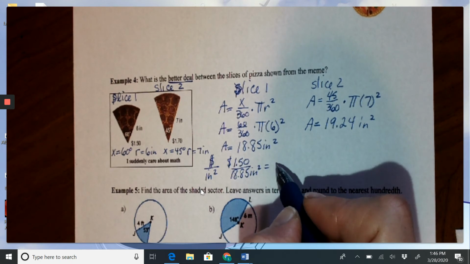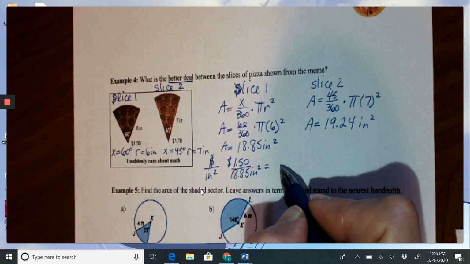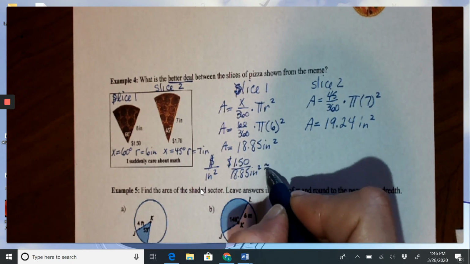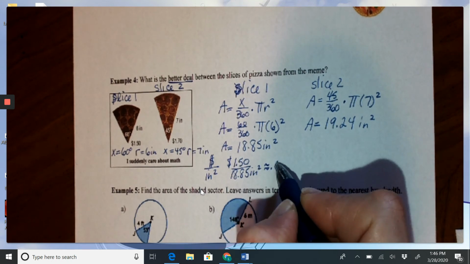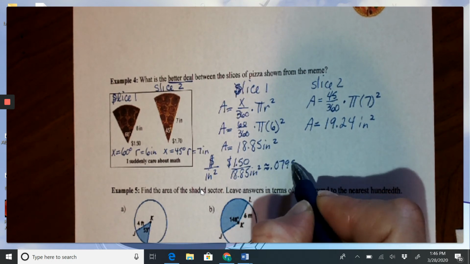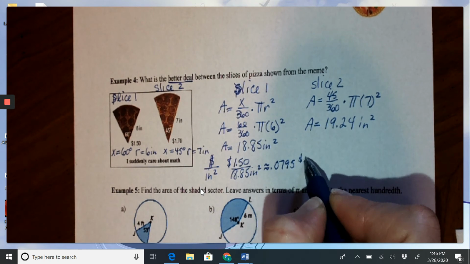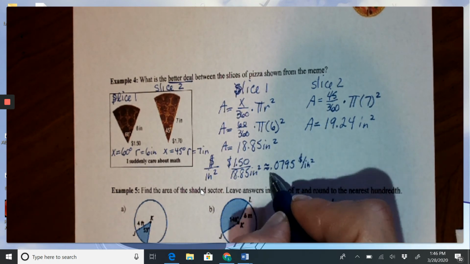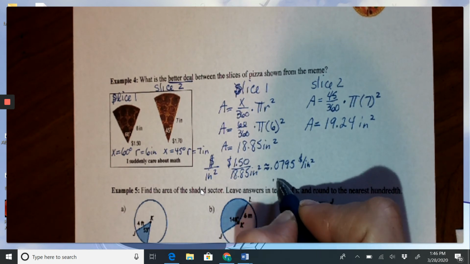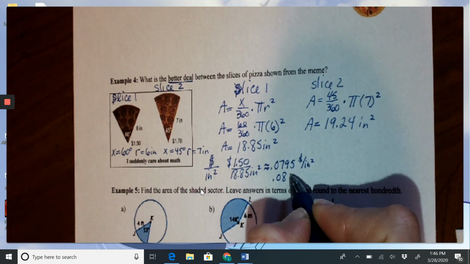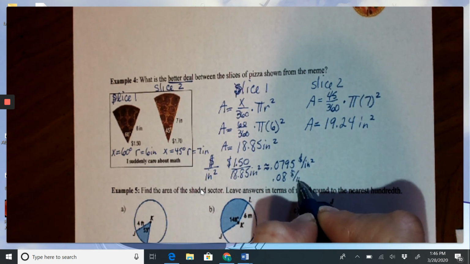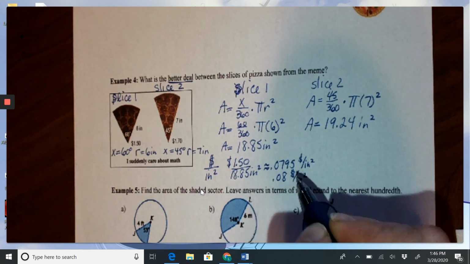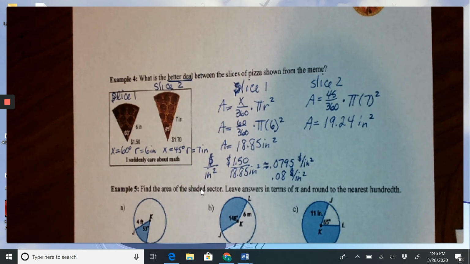When we divide, we find that we have approximately 0.0795 dollars per inch squared. If we're looking at cost, we'd round to the nearest cent, which would give us 0.08. So that's $0.08, or 8 cents, per inch squared.